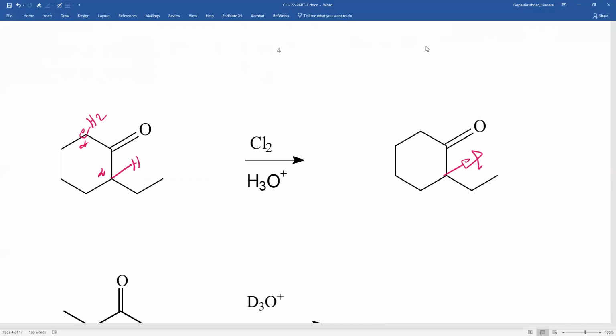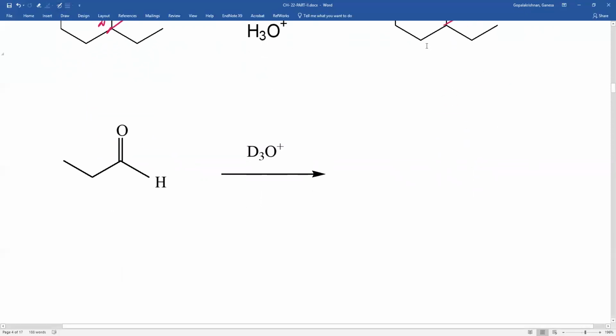So if you have a ketone, you have to go to the carbon which has fewer hydrogens and replace the one hydrogen on it. Here I'm using the reagent D3O+. What is this D3O+? This is nothing but D plus D2O, just like water.